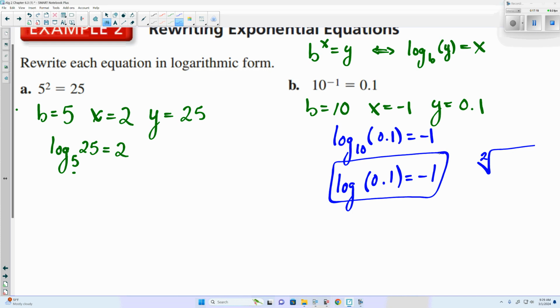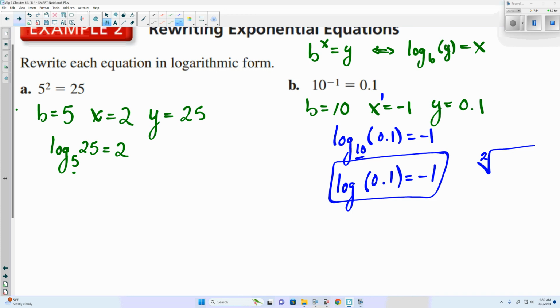Especially once we start solving and using these more, because here we're just seeing how they switch from one form to the other. If you don't see a base, it's understood to be 10, almost like with square roots, where the index is understood to be 2. Or the exponent on this x is understood to be 1, and the number in front of x is understood to be 1. Some of those are just understood, and here the base 10 is understood. Does that make sense? Questions?